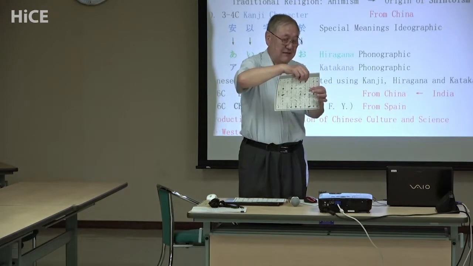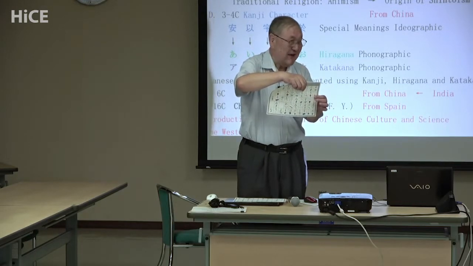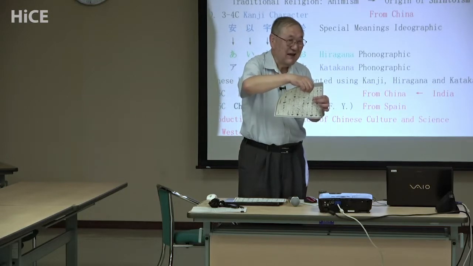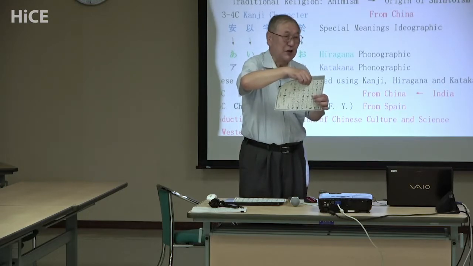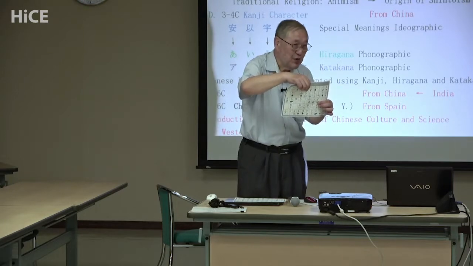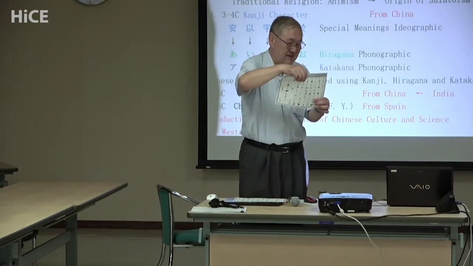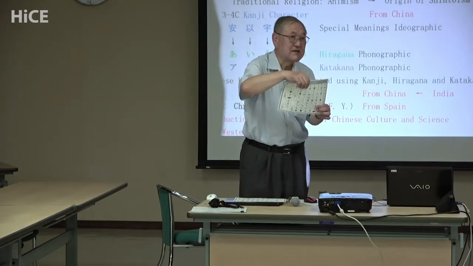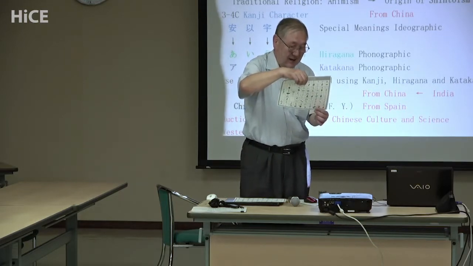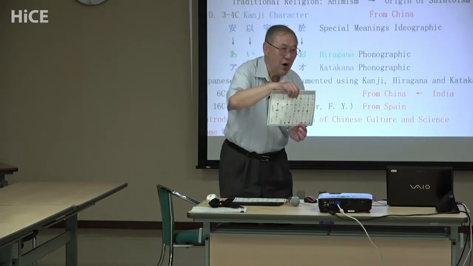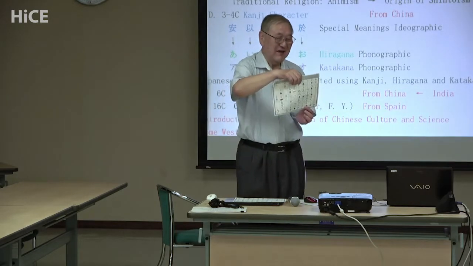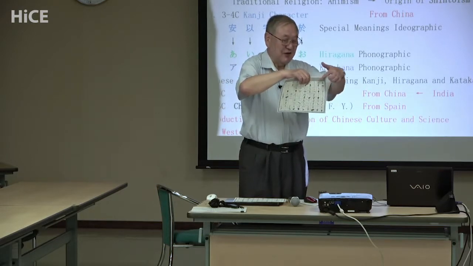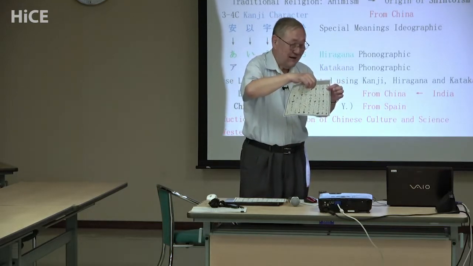And next S-I, then shi. Okay? And S-U, su. Okay? S-E, se. And S-O, so. Okay? Next sound is T. And joined together with A, ta.